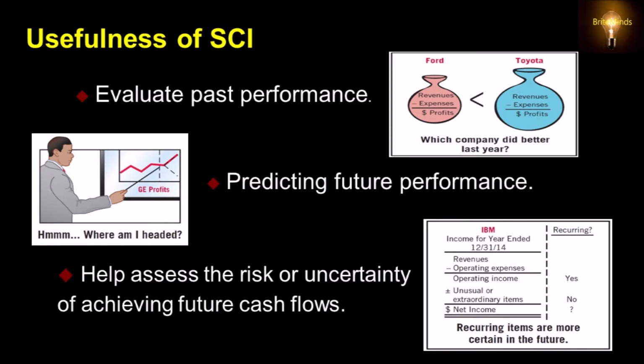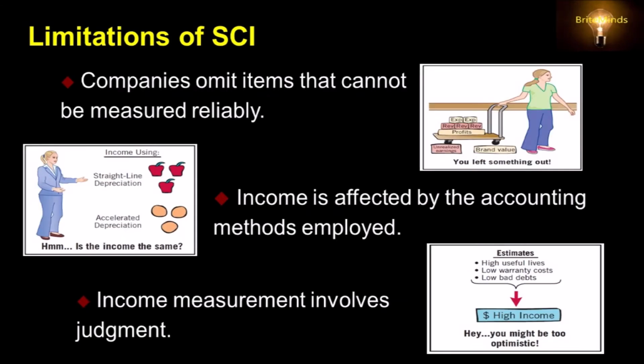What are the limitations of the statement of comprehensive income? One is that companies omit items that cannot be measured reliably, for example, the brand value of merchandise. You cannot measure it reliably. Another is that income is affected by the accounting methods employed. One example is the computation of depreciation of PPE, property, plant, and equipment.